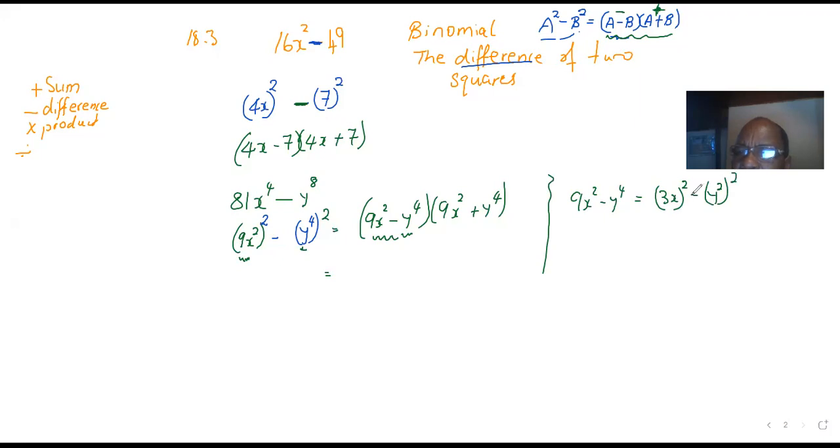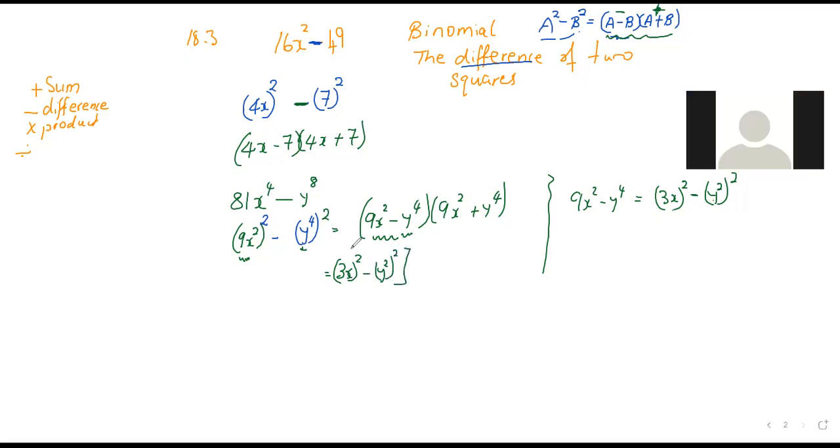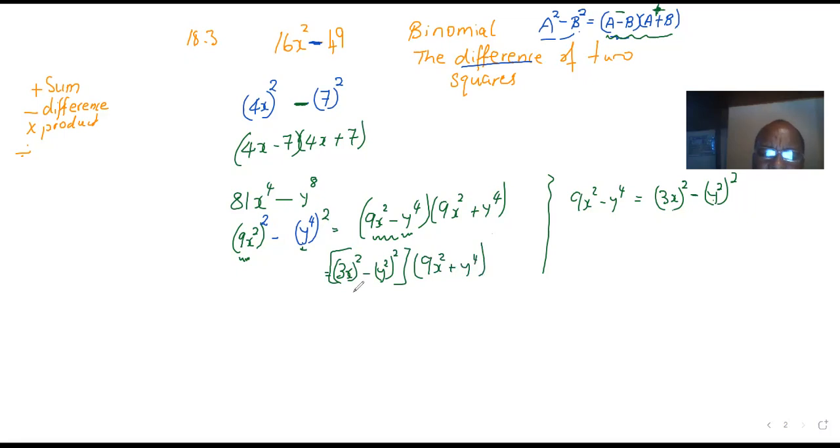Now this is a difference of 2 squares as well. The first one can be written as 3x squared minus y squared, and we put the bracket here as 9x squared plus y squared.